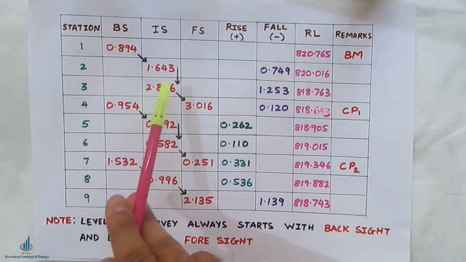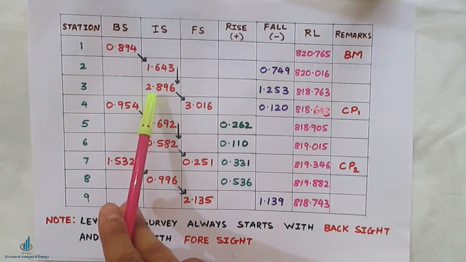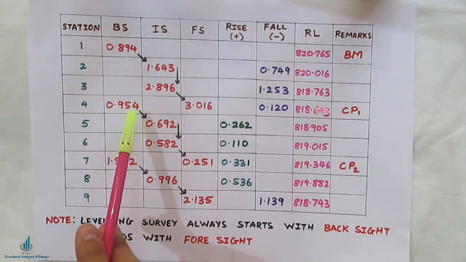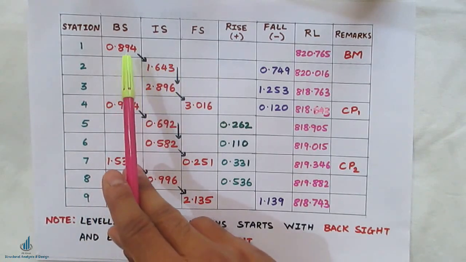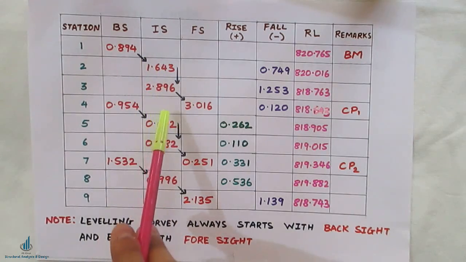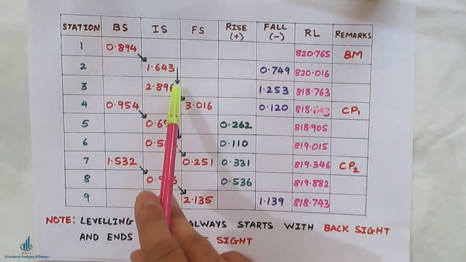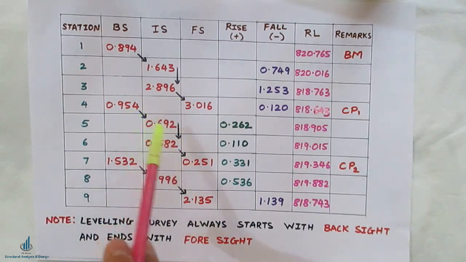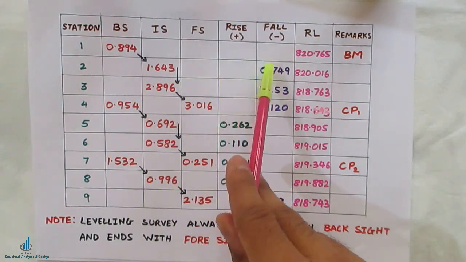You cannot go from right hand side to left hand side, right? You cannot do 2.896 minus 0.954. It is completely wrong. Whenever there are intermediate sight values, you have to come down. I have shown the arrows. So according to the arrows you have to move down and write down in the rise or fall column.